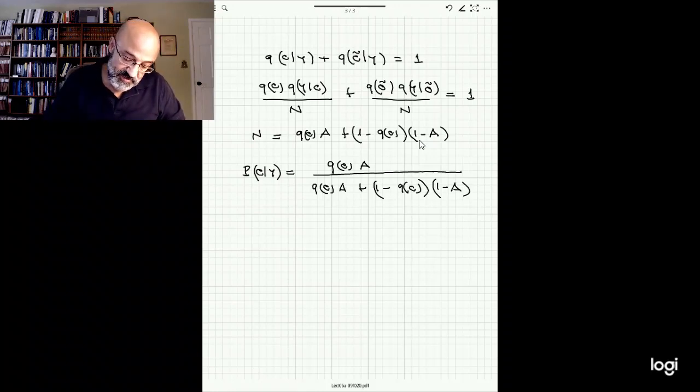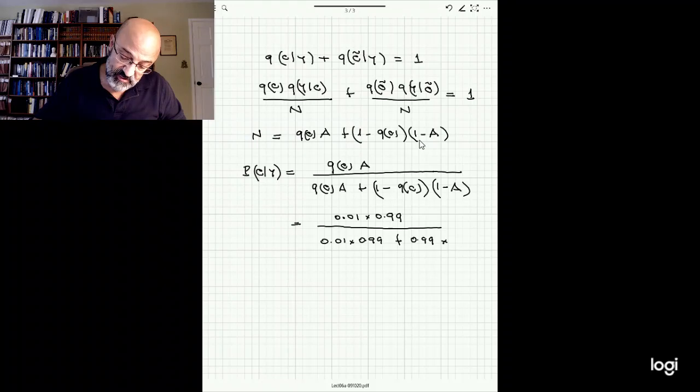So substitute the numbers and you have 0.01 times 0.99. The test is really good, but the disease is rare. On this side you have 0.01 times 0.99 plus (1 minus 0.01) times (1 minus 0.99), 0.01.